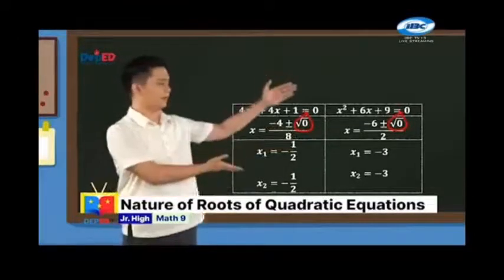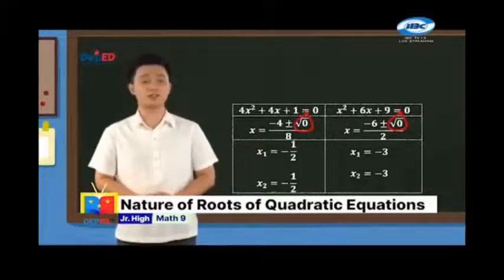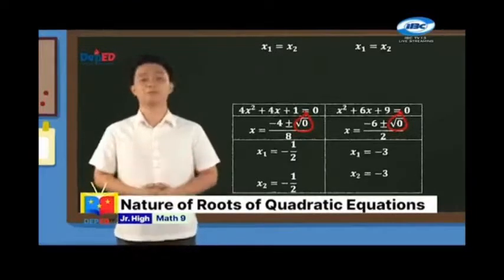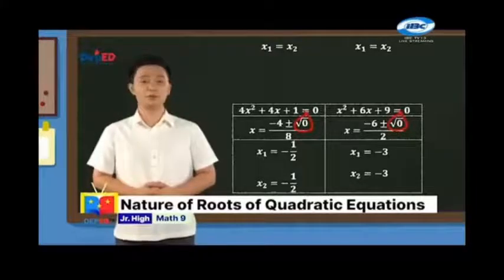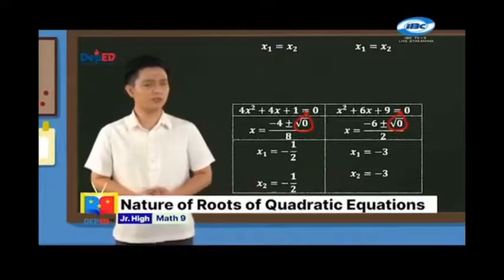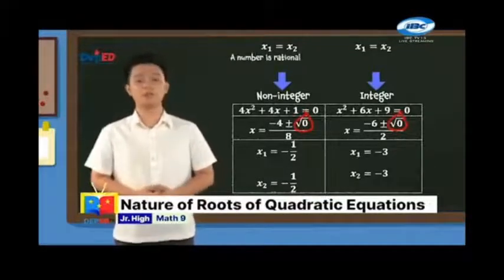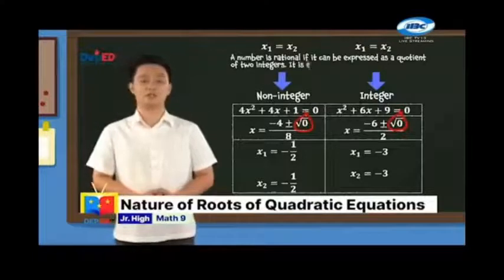Let's see this detail. What do we say about the roots of each of the two equations? The roots are equal. Aside from being equal, we can also observe that the roots are what kind of numbers? Rational. A number is rational if it can be expressed as a quotient of two integers.